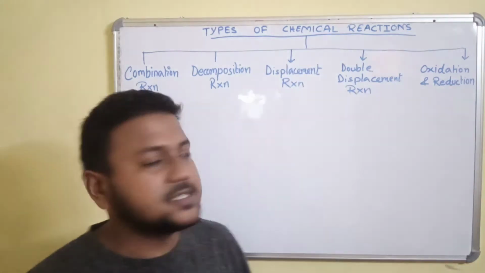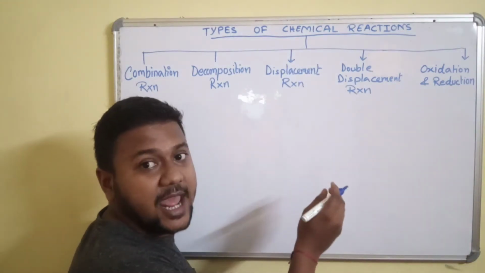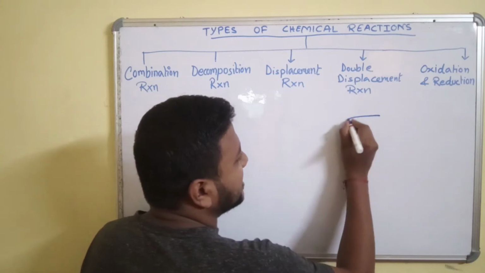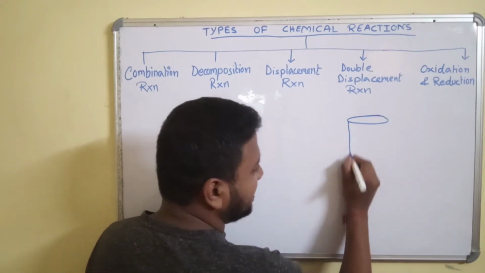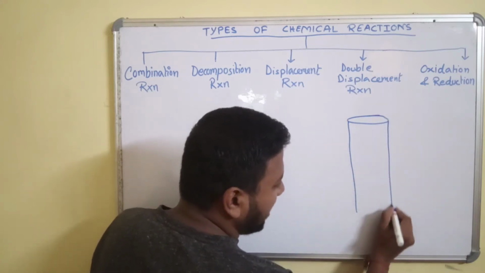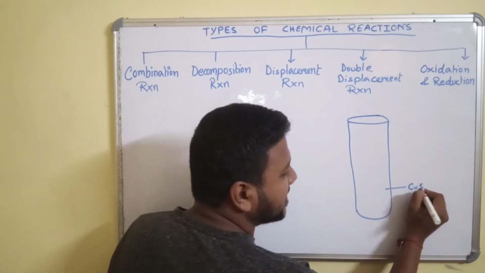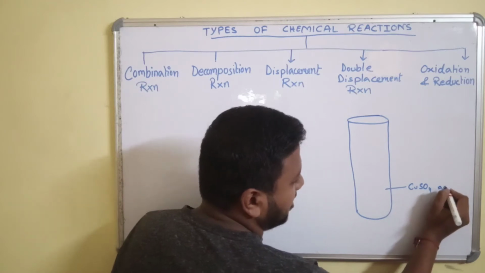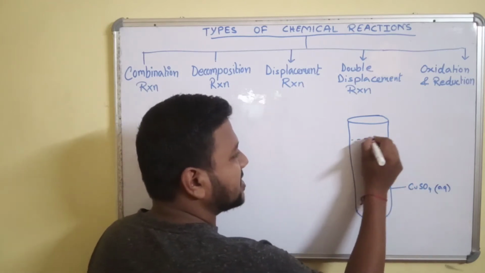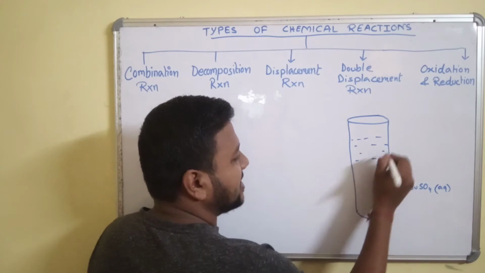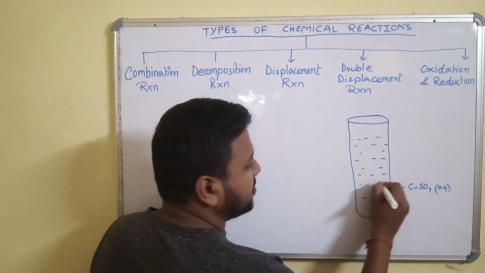In order to discuss this displacement reaction, let us see an experiment. We are taking a test tube. In the test tube, we are pouring some crystals of copper sulfate and dissolving them in water. So in this test tube we have copper sulfate, which is blue in color.